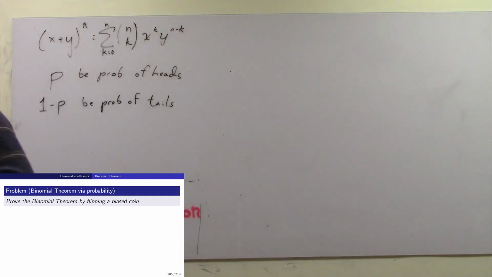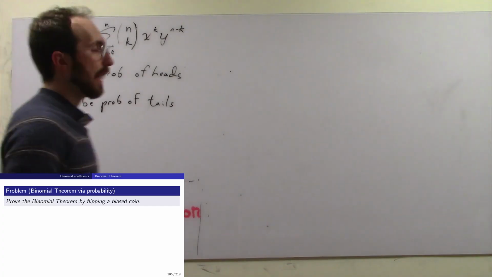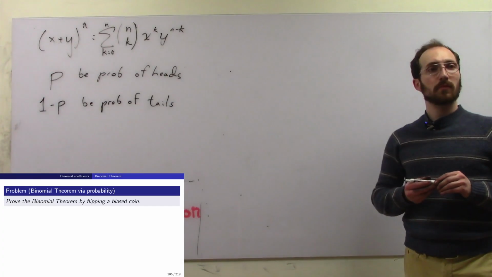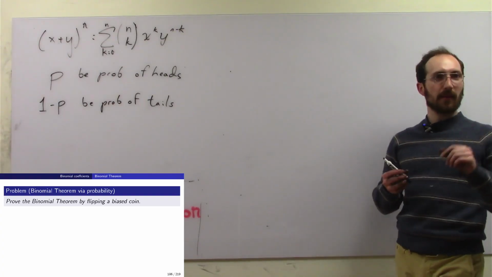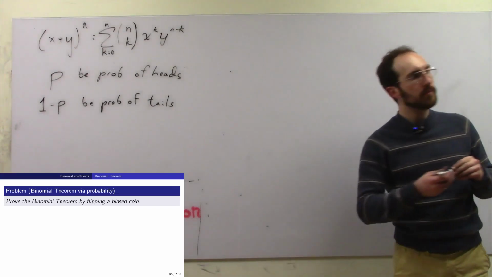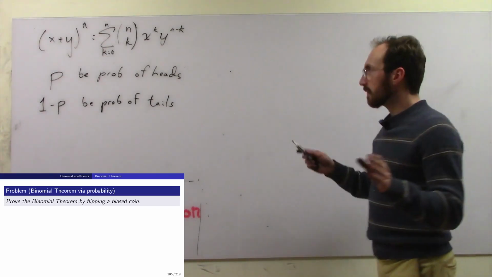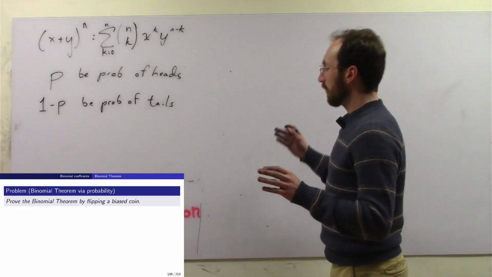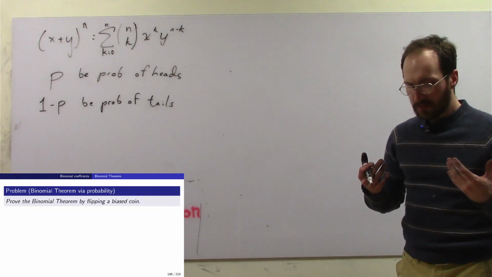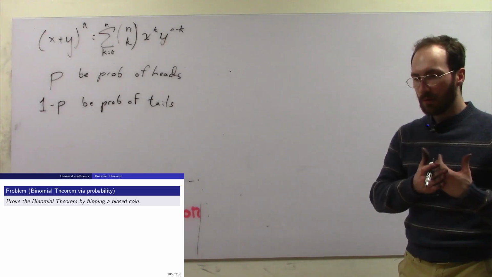So if I say I flip a coin n times, what's the probability that I get k heads? Exactly k heads, yes. What do we think, everybody? Let's think about it in one way. Say order matters.